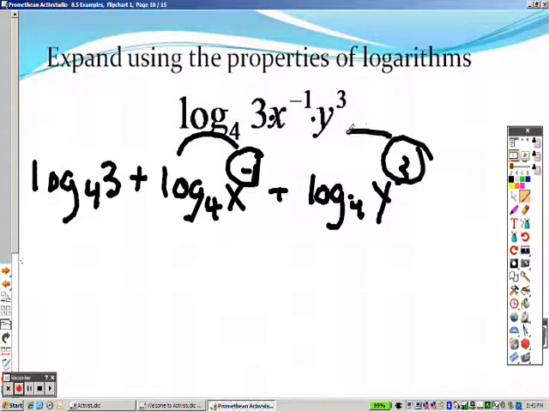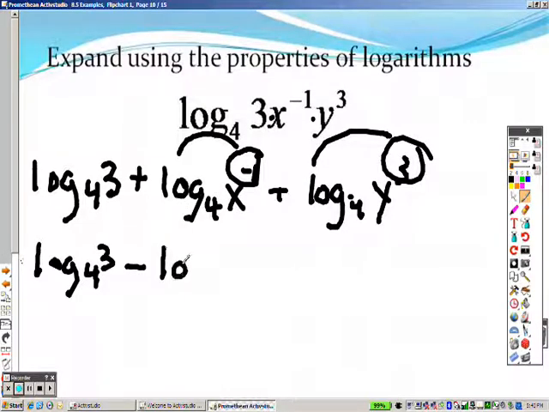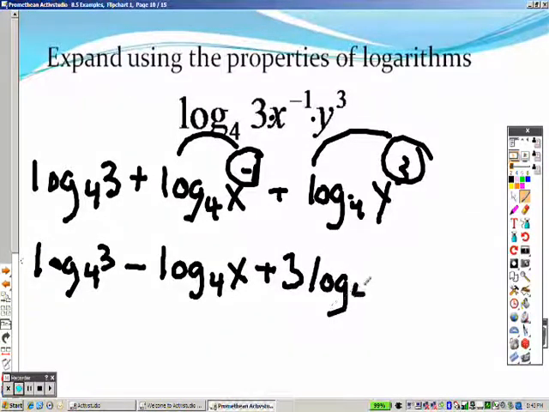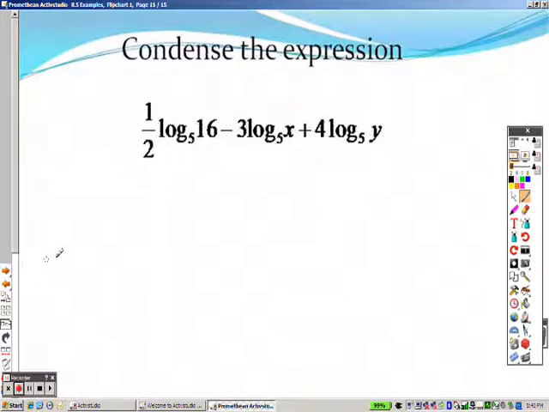This has an exponent of 3, so I move that down. So it's log base 4 3 minus, now because I bring down that negative, log base 4 x, and I bring that 3 down, plus 3 log base 4 y. And there's that one expanded.